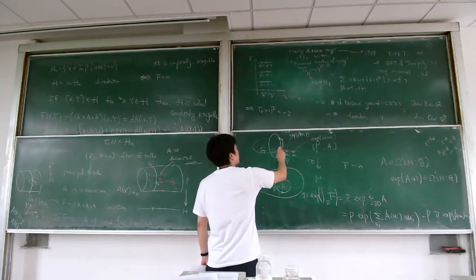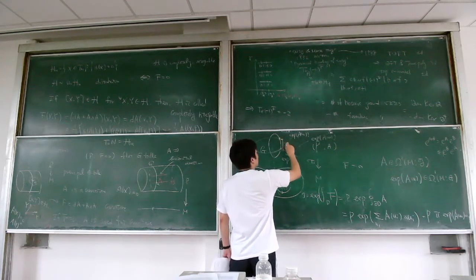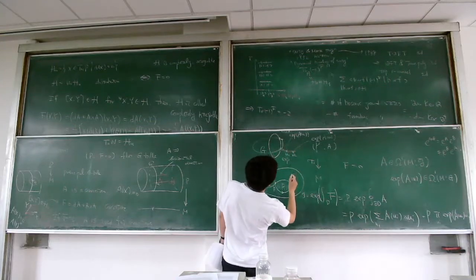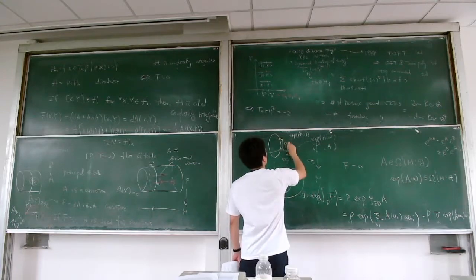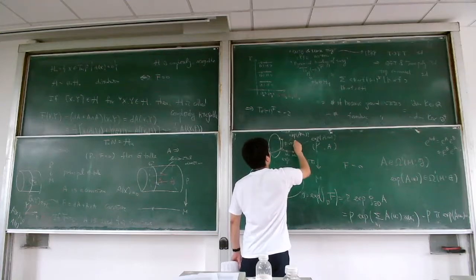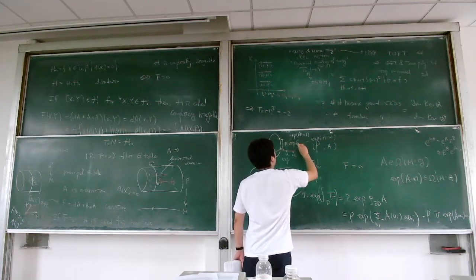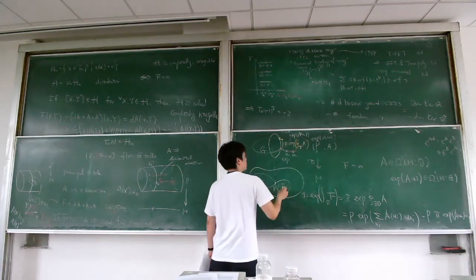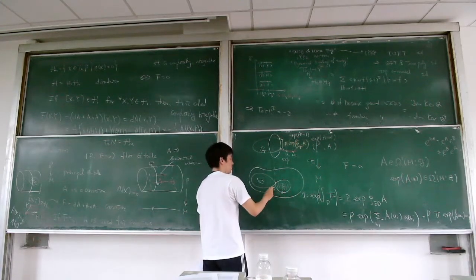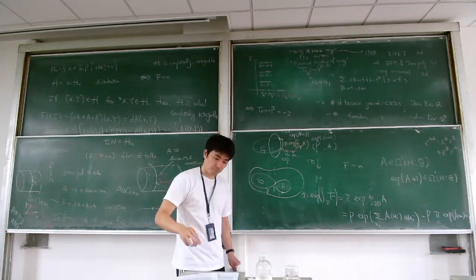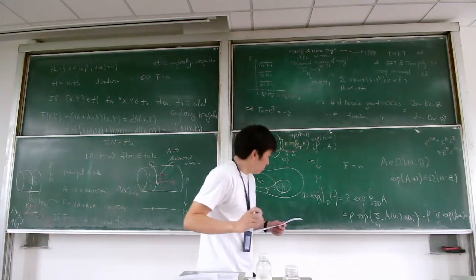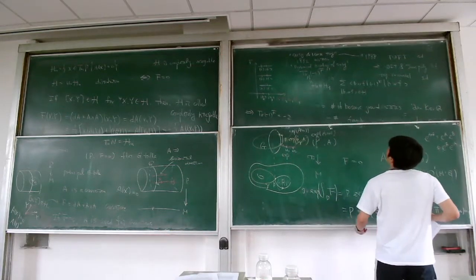This difference is called holonomy, exponential of gamma of A. So this gamma is a non-trivial cycle in the base manifold.